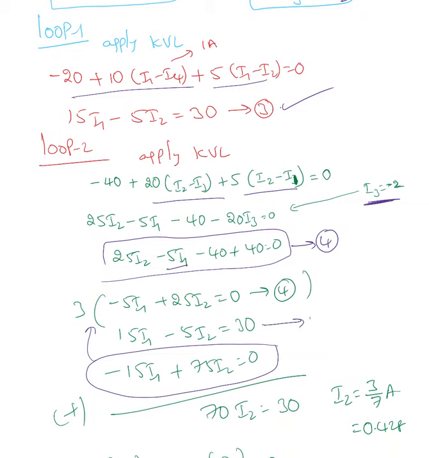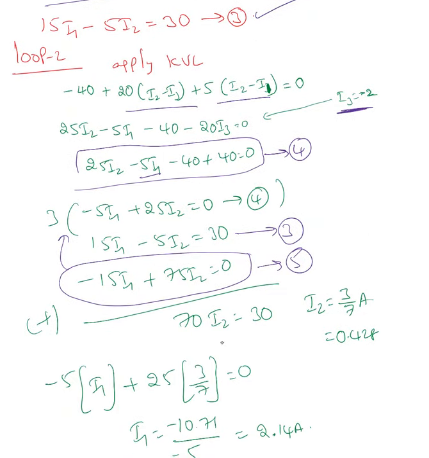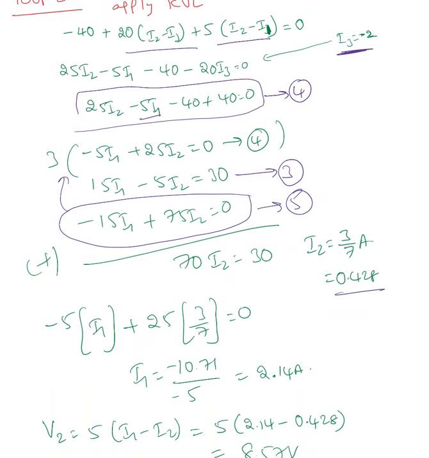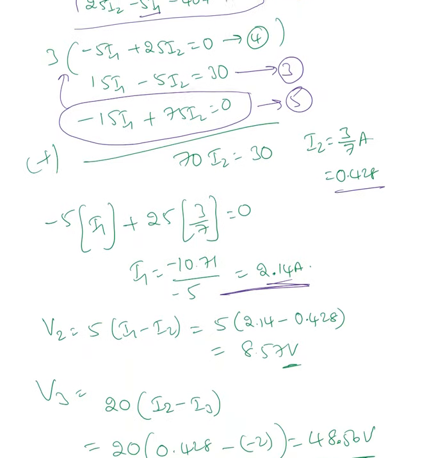Now this is equation 3. Probably I will take this as equation 5. I'm adding those two equations to find I2, end up with I2 equal to 0.428. I substituted that value in equation 4, end up finding I1 equal to 2.14 amperes.